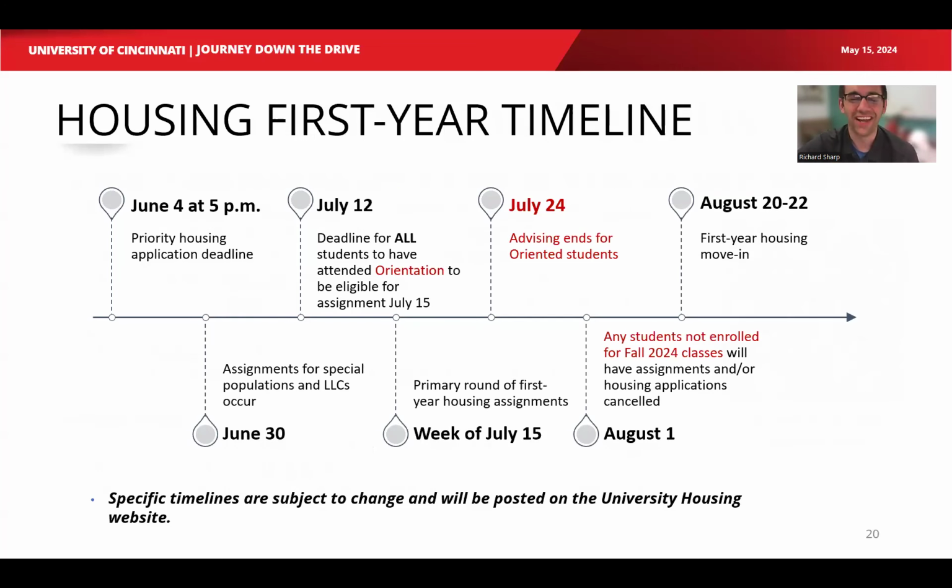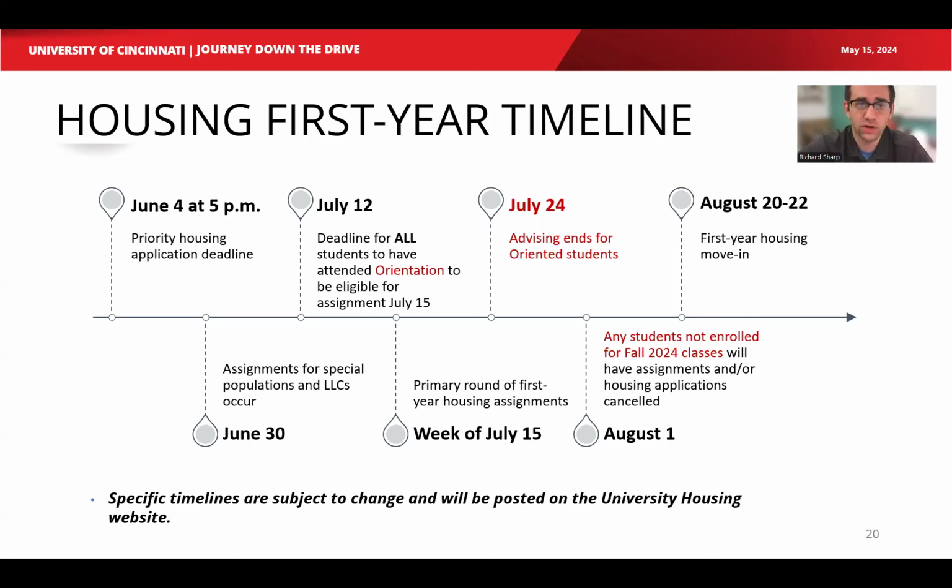Sorry. All right, so here are some of our key dates for the rest of our timeline for housing. As I already told you, be sure that you apply before next Tuesday at 5. If you do decide to apply for a learning community and they accept your application, you will find out your housing assignment, so where you're living, who you're living with, by the end of June.